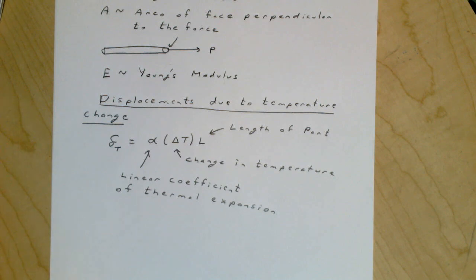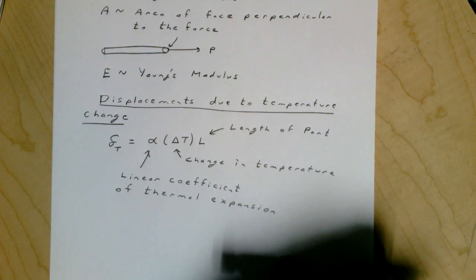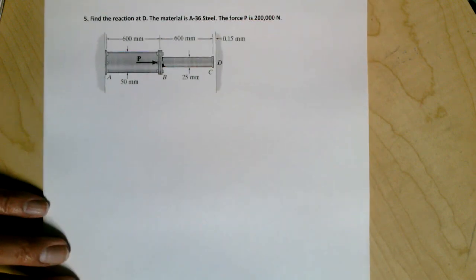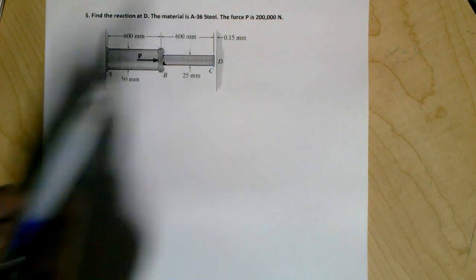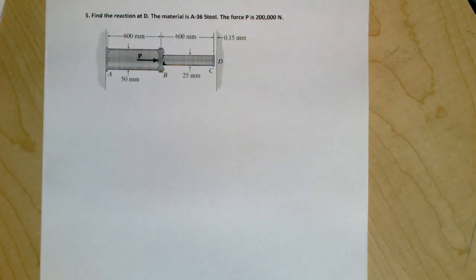We're going to look at some problems that involve these kinds of displacements. We'll first look at this problem here. It asks us to find the reaction at D. We're told that there's a 200,000 newton force applied, and it's A36 steel.